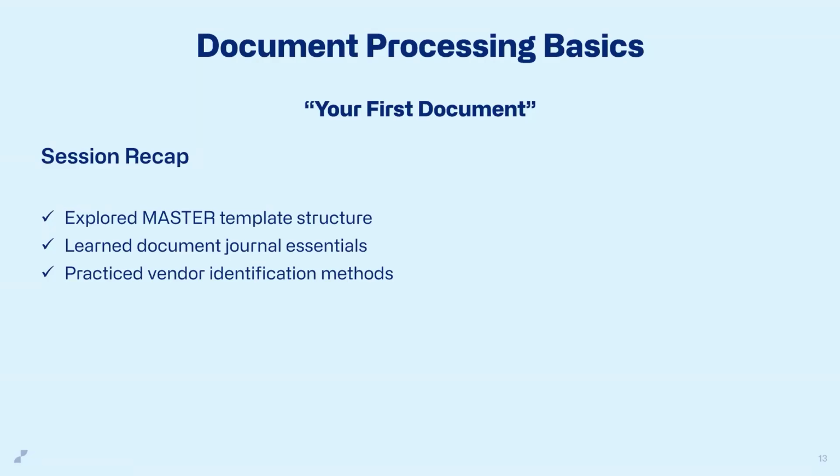We talked about the master template structure and we went through the master template. So every time you have a new project, we always suggest that before you get started, go through the master template, configure those fields, and make sure that you're only exposing what the client needs to handle the majority of their incoming vendor invoices.